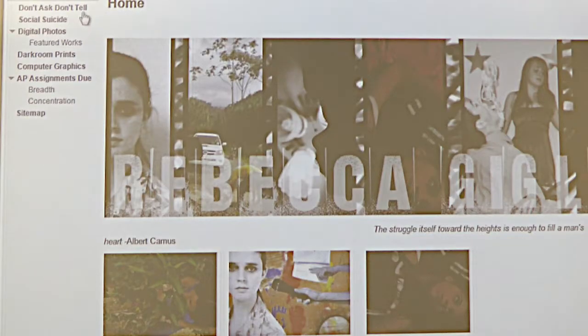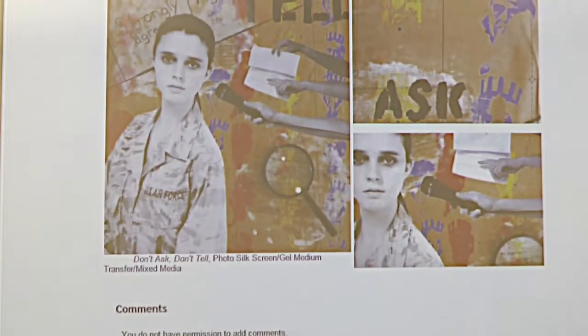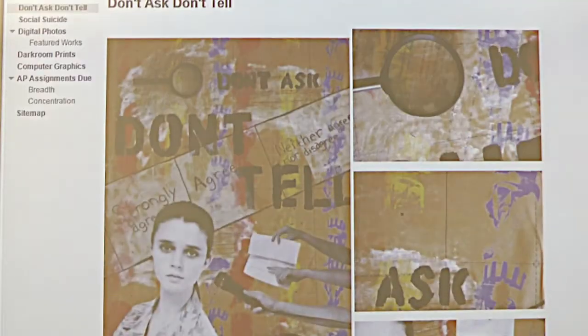So she has apparently a project that she did on Don't Ask, Don't Tell, and she's taken photographs of her work and put it up here. So you can think of this not only as a means of getting information across to parents and students, but also as a way for students to show what they know or to use it as an e-portfolio.